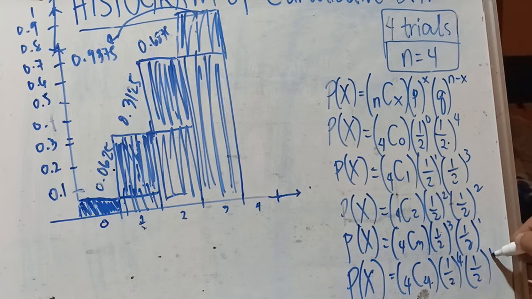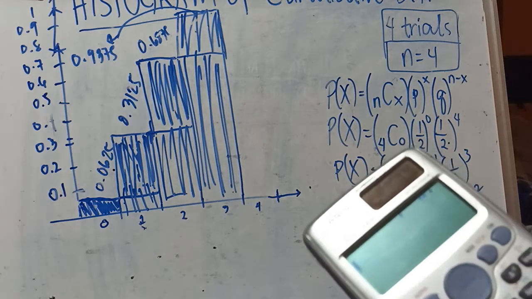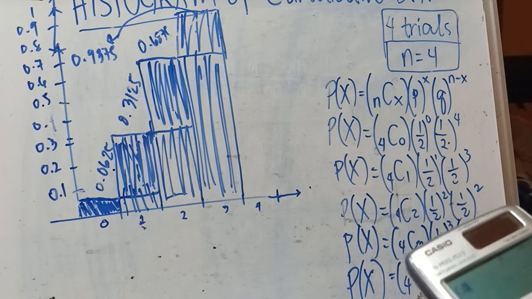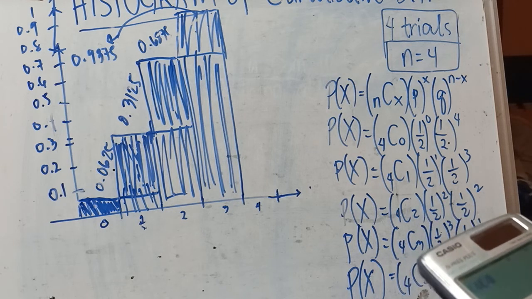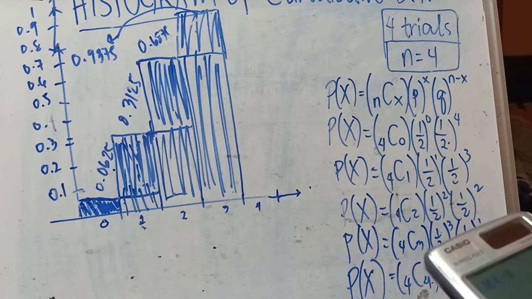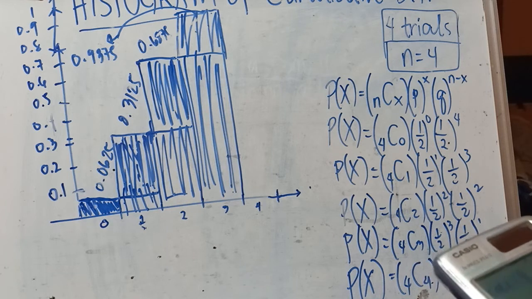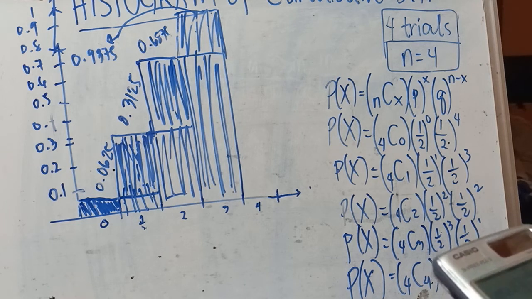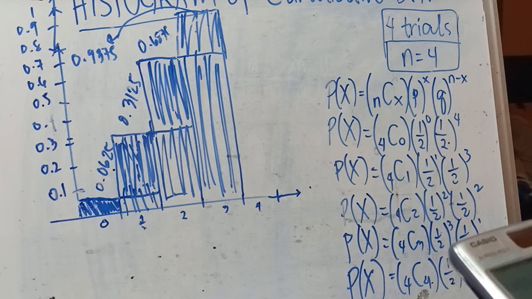Okay, we use our calculator again. That is 4 combination 4, 1/2 raised to 4 times 1/2 raised to 0.